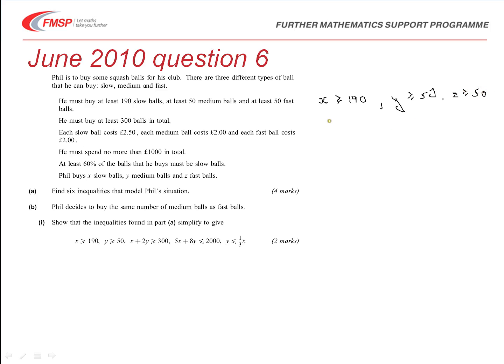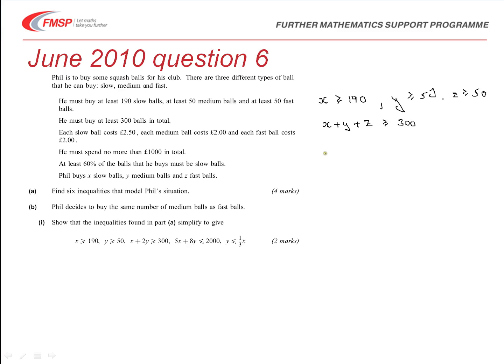We're then told he must buy at least 300 in total. To get the total we'd add X and Y and Z together, so X plus Y plus Z must be greater than or equal to 300 for our fourth inequality. It then says he mustn't spend more than £1,000 in total.